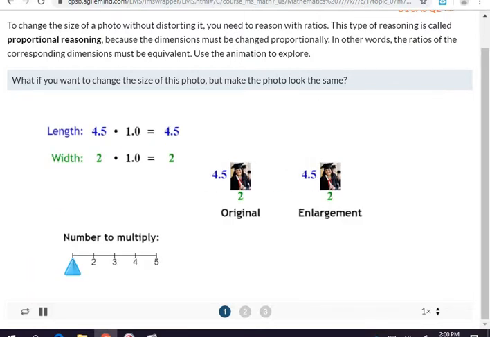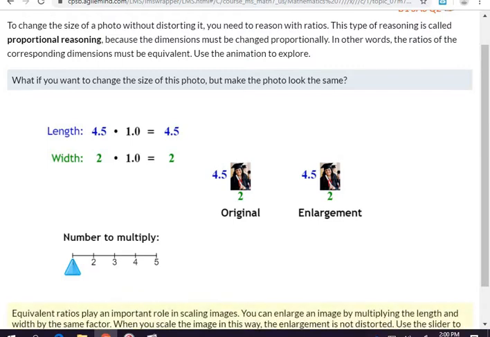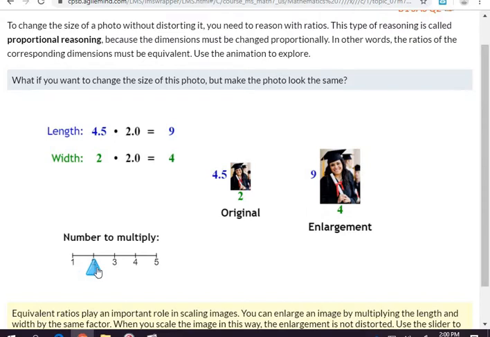She has a picture, and it says original and enlargement. Is the enlargement enlarged actually right now? No, it's not actually enlarged. Well, I can use this little slider on my mouse. I slide it over to 2. What's going to happen?